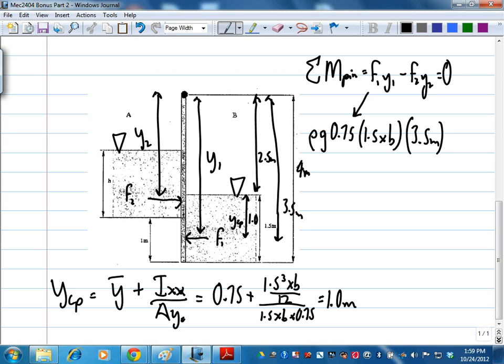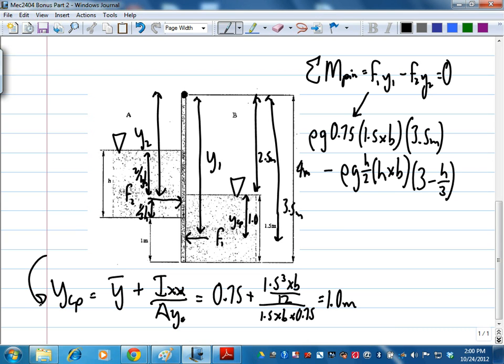All right, minus F2 is rho G H on 2 H times B. This distance here is 4 minus 1, 3. 3 minus, okay, same, this distance here is 2/3 H. This distance here is 1/3 H. If you don't believe, you can always do this equation, you get that thing.